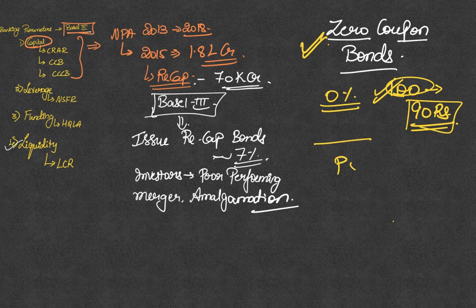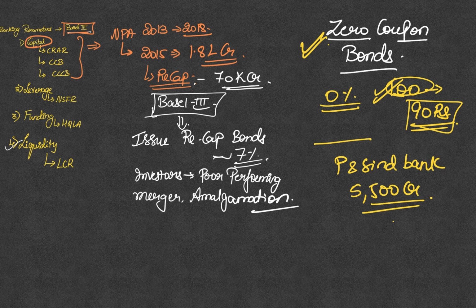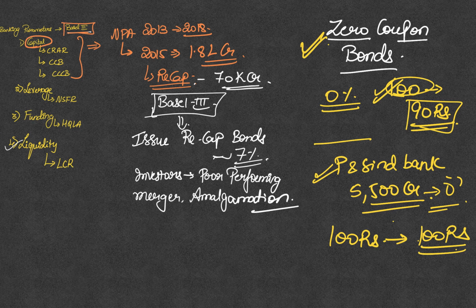In the case of Punjab and Sindh Bank, government has actually issued 5,500 crore worth zero coupon bonds, and Punjab and Sindh Bank bought this. But the problem is it is not a discounted coupon, but it is bought at face value. That is, a 100 rupee bond is given at 100 rupees. So essentially, there is neither a profit nor a loss for either of the parties.